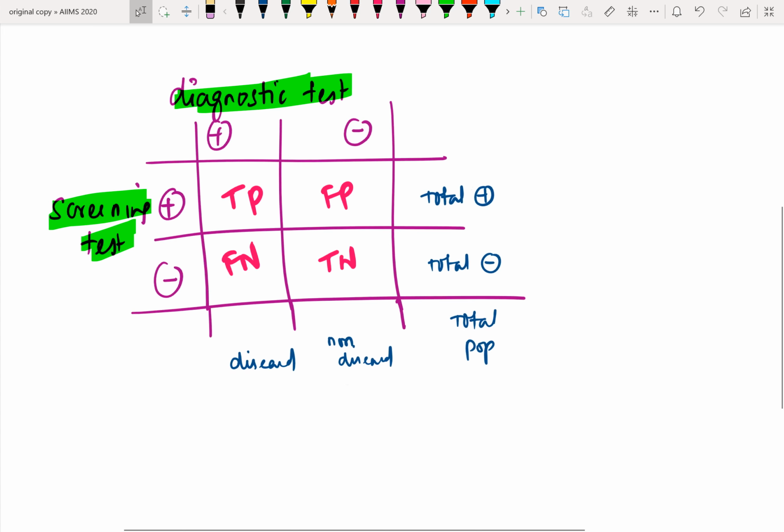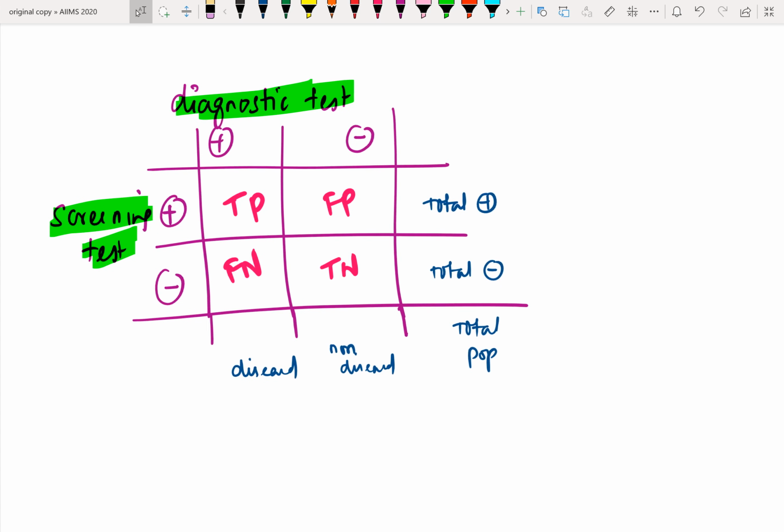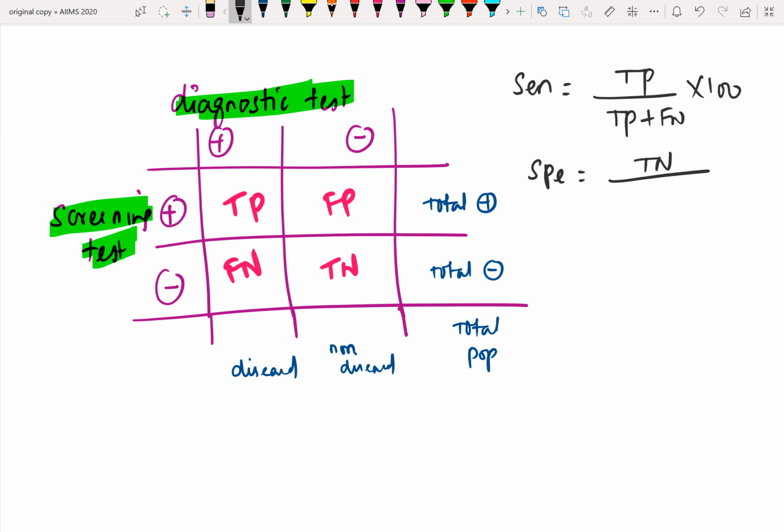Now what is the formula we need to know? Sensitivity is true positives divided by true positives plus false negatives, that is the diseased, multiplied by 100. Specificity is true negatives divided by true negatives plus false positives, that is the non-diseased, multiplied by 100.